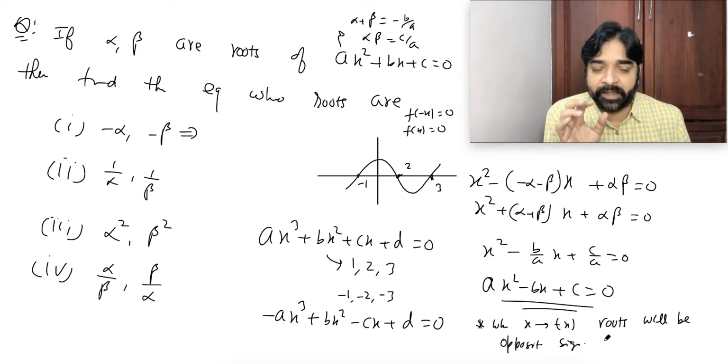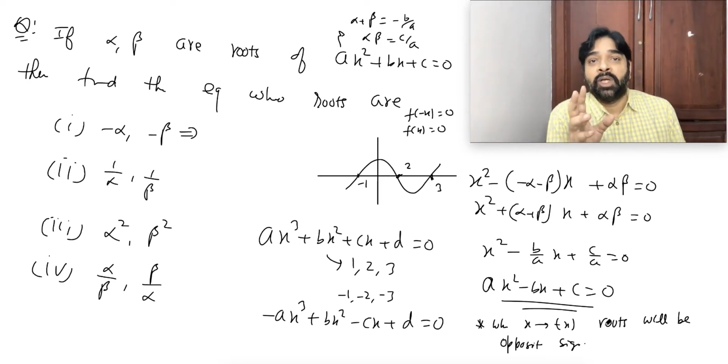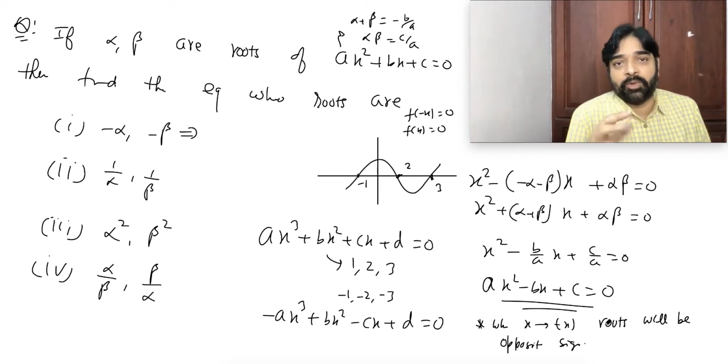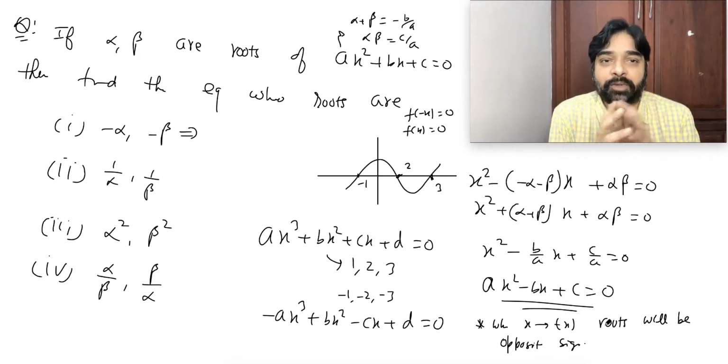It's not a very correct statement because roots may be imaginary. If one root is 1 plus i, the other root should become -1 minus i. So we cannot say sign, but I hope you understood what I am trying to tell you.